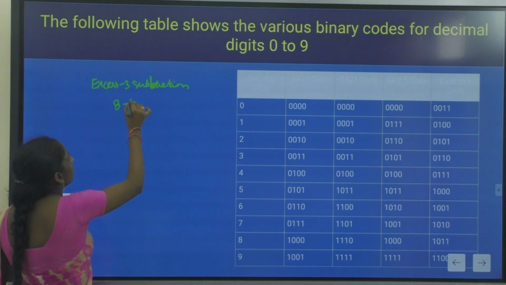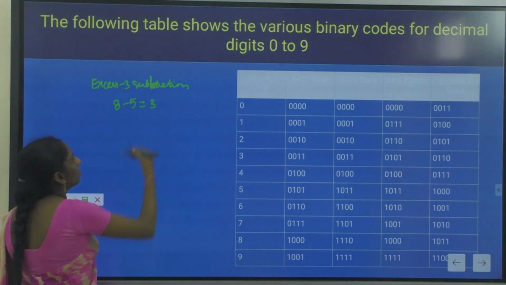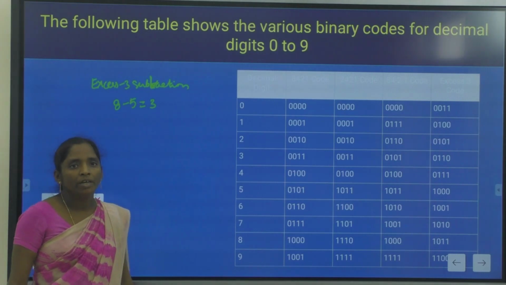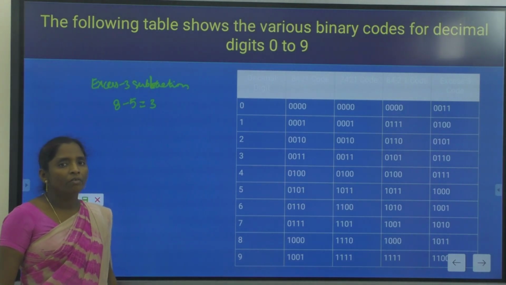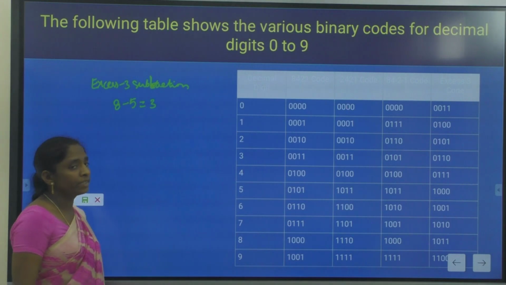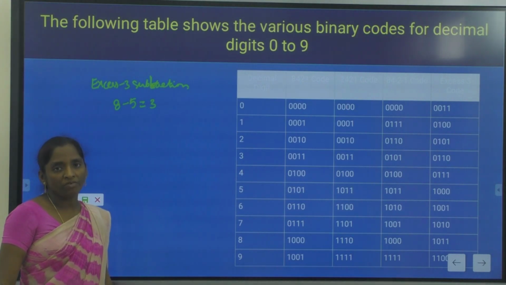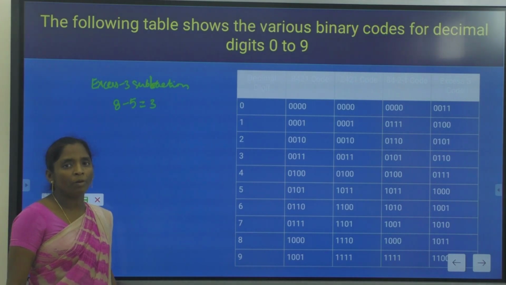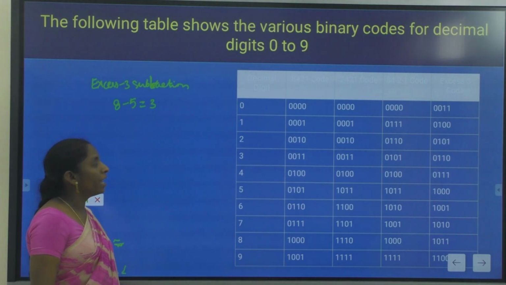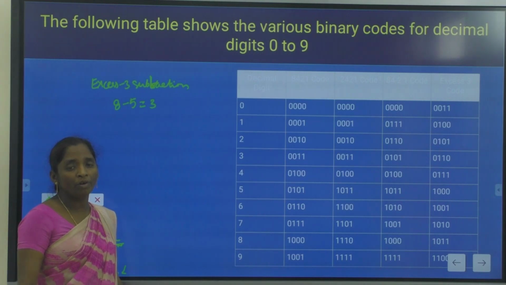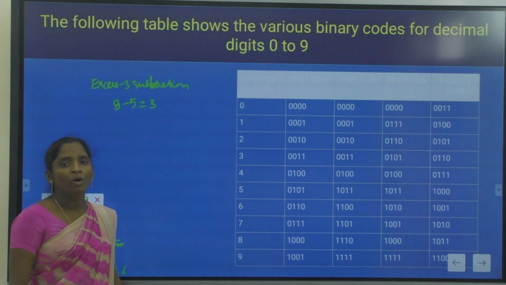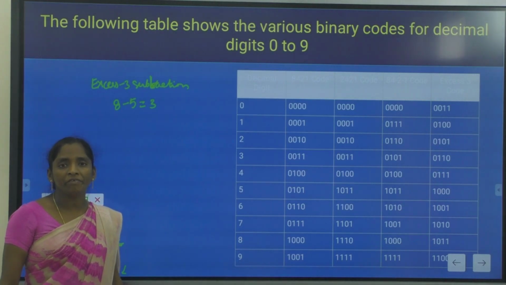x3 subtraction. So perform 8 minus 5. So what is 8 minus 5? 3. As per decimal, 8 minus 5 is 3. To perform the x3 subtraction, first find the complement of the 5. Before finding the complement of 5, we should write x3 for 5.